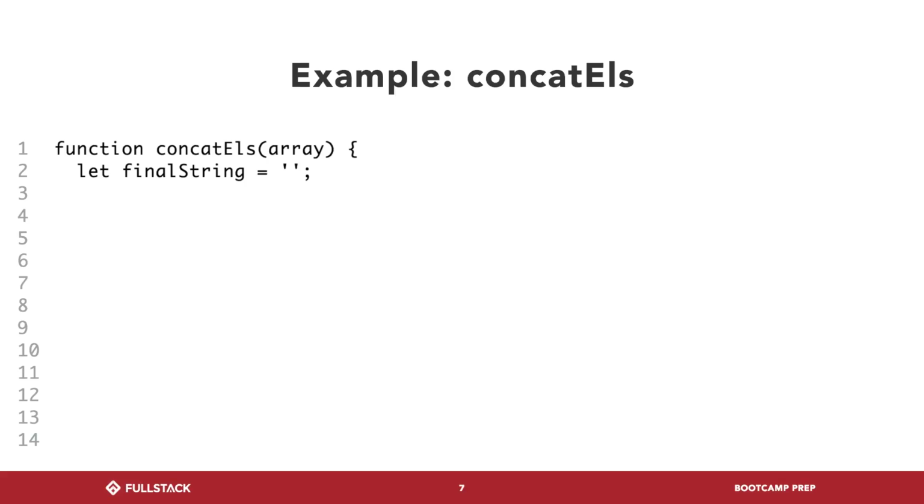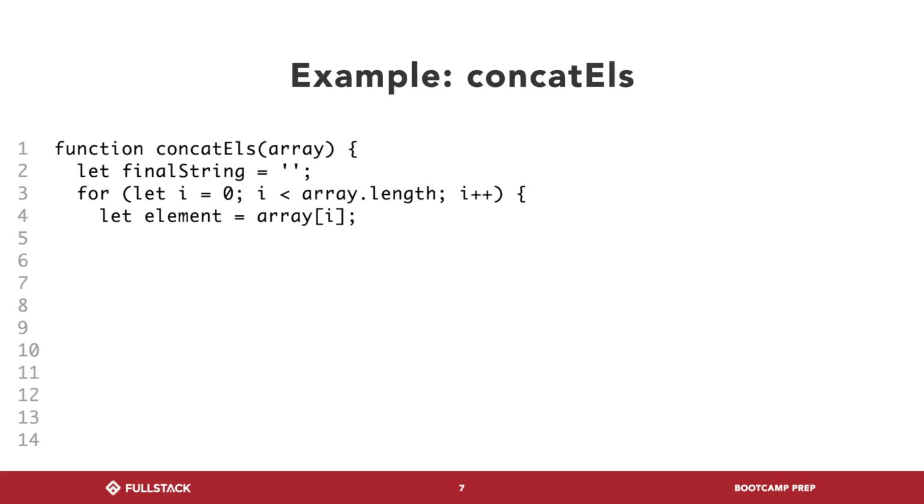Okay, so now let's take a look at another problem here. This is where we start dealing with returns. The idea is, if I give you an array of strings, or nested arrays of strings, can you join all the strings together into one massive, super long string? In this case, the return does matter.